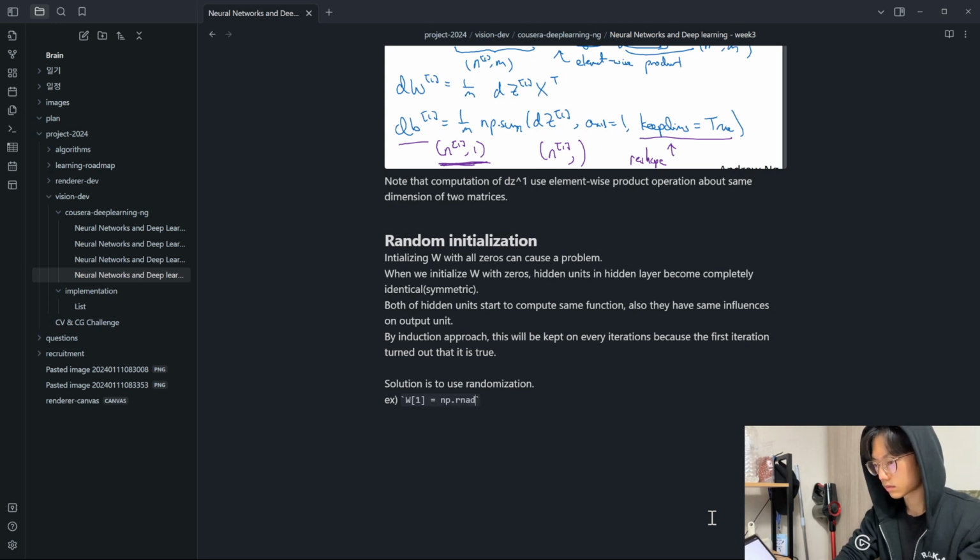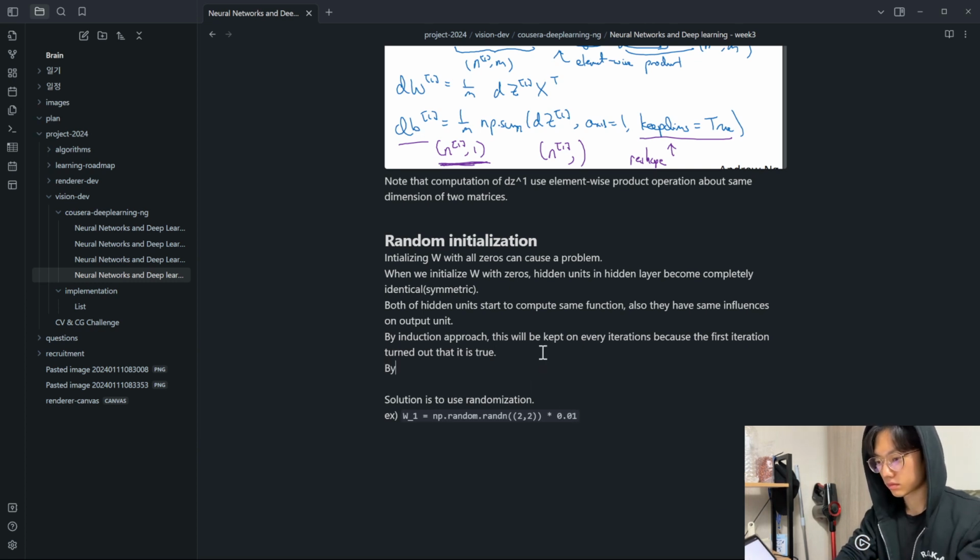It's called the symmetry breaking problem. So it's okay to initialize b to just zeros, because so long as W is initialized randomly, you start off with different hidden units computing different things, and so you no longer have this symmetry problem. And then similarly for W2, you can initialize that randomly, and b2 you can initialize to 0.